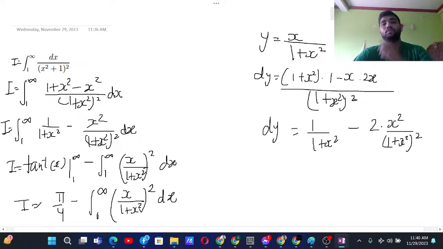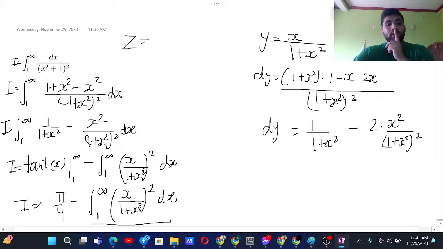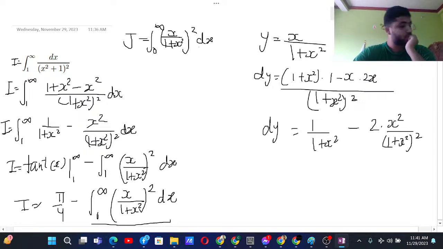So you see, if this integral that we have over here was to be integral j, from 0 to infinity, of x/(1 + x²)² dx, first of all, this is the derivative dx.